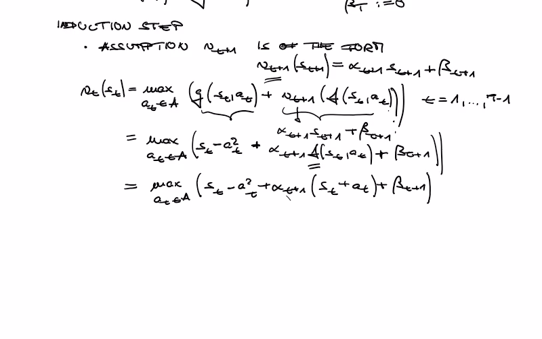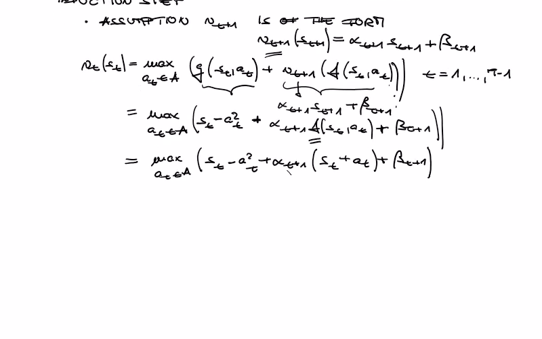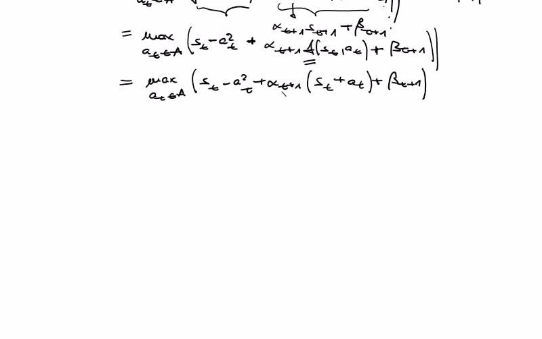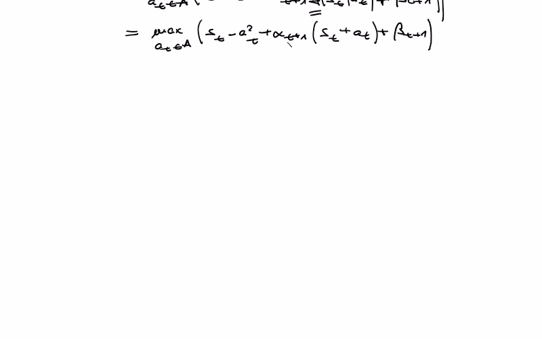Now we can solve this maximization problem like we did earlier. So we can again define this kind of helper function h by just the content of this maximization here.